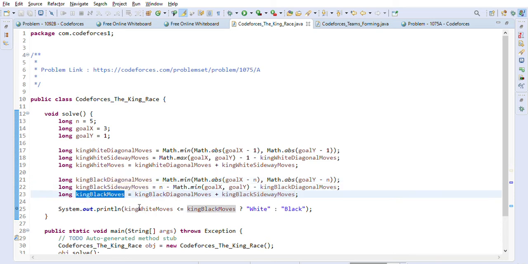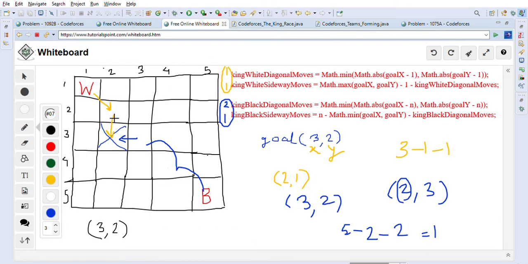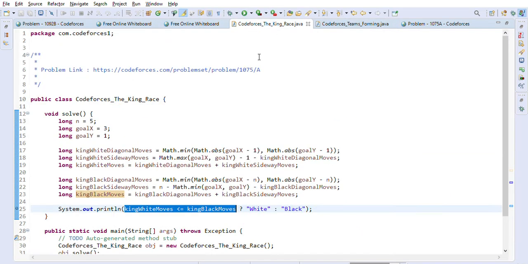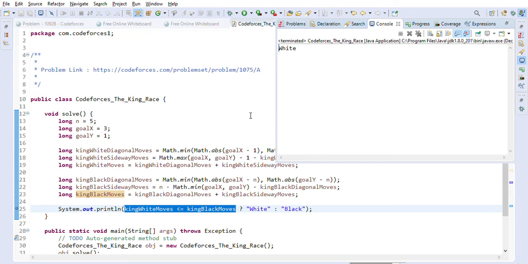Then we compare both, and whoever has fewer moves is the winner, right? So let's execute this. In this case, as you can see, white king has only 2 moves, so he is the winner. So we should get white king as the answer, and white king is what we are getting, which is correct.